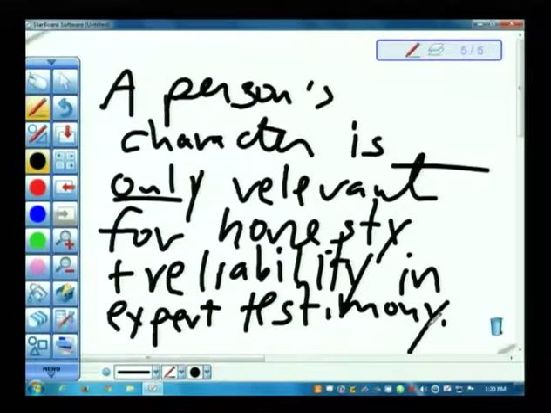And this goes with appeal to authority. When you're consulting authority, it's only relevant when it has to do with the person's honesty or their reliability, and in expert testimony, because these can be separate.